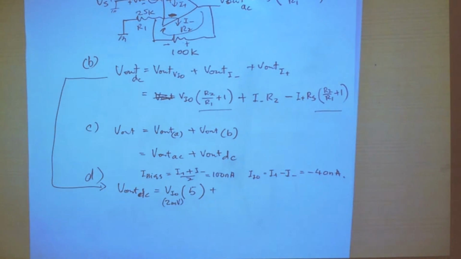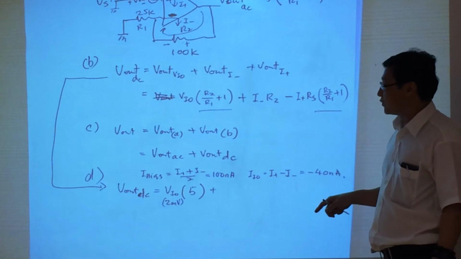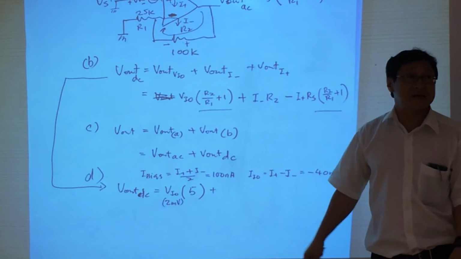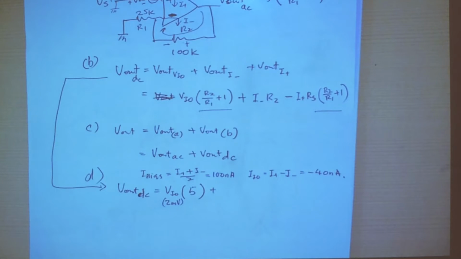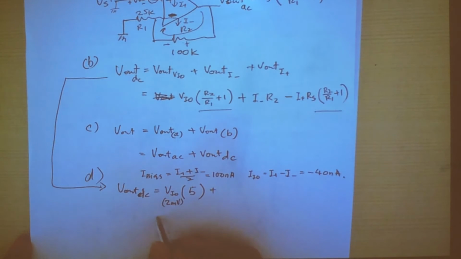So you have two equations and two unknowns, I plus and I minus. Therefore we can solve for I plus and I minus. I plus must be equal to 80 nano, and I minus must be equal to 120 nano.